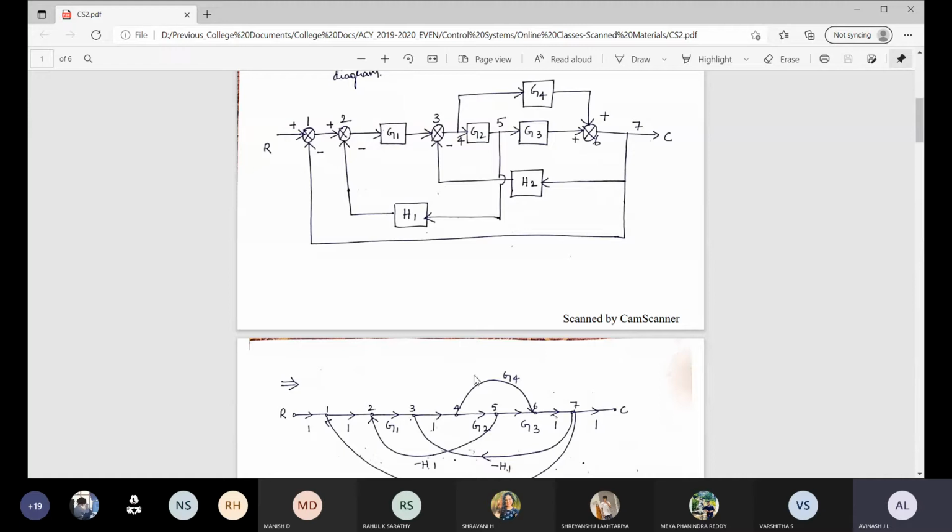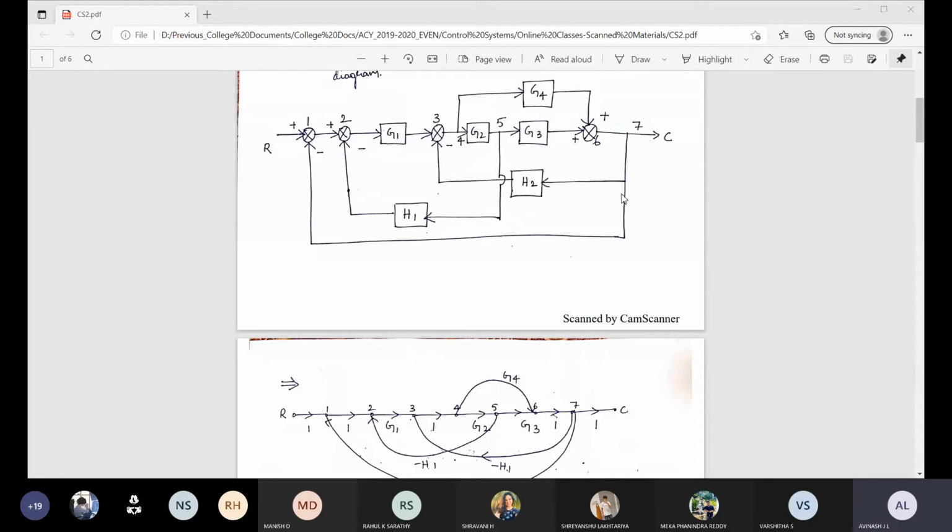From 4 to 5 it is G2. From 5 to 6 it is G3. From 6 to 7 it is once again 1.